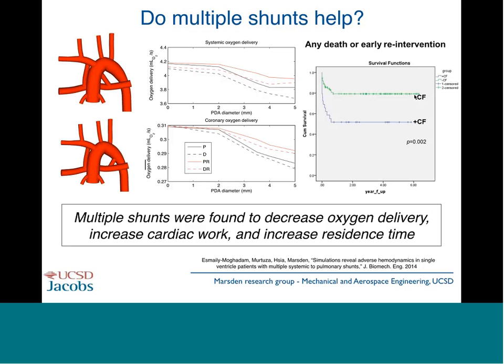And so we found that the patients without the competitive flow had a much better survival curve than those with multiple shunts. And so this was a case where the simulations really helped to provide a mechanistic explanation for why multiple shunts might be causing this difference in clinical outcomes.